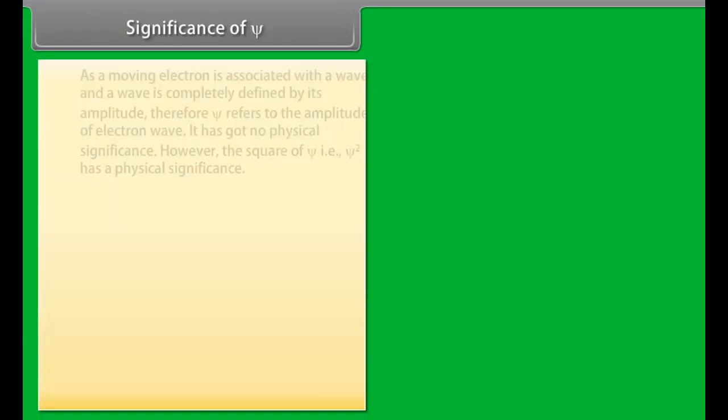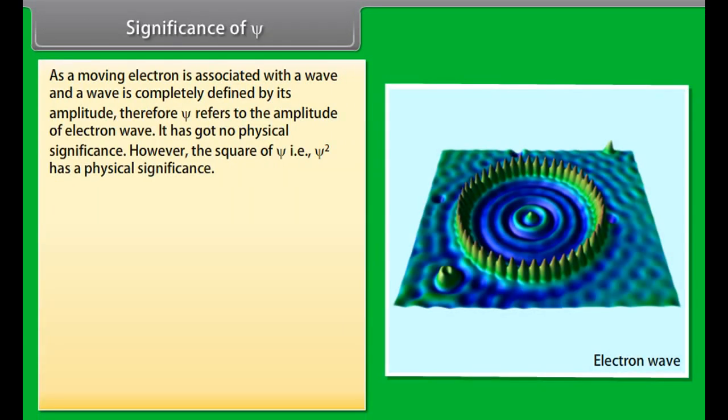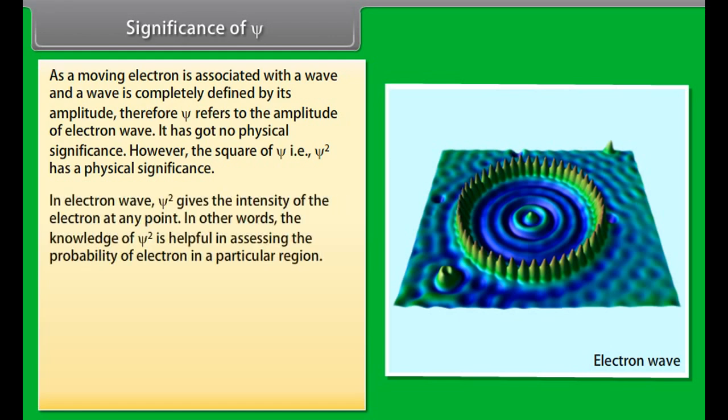Significance of psi. As a moving electron is associated with a wave, and a wave is completely defined by its amplitude, psi refers to the amplitude of the electron wave. It has no physical significance. However, the square of psi, that is ψ², has a physical significance. In an electron wave, ψ² gives the intensity of the electron at any point.